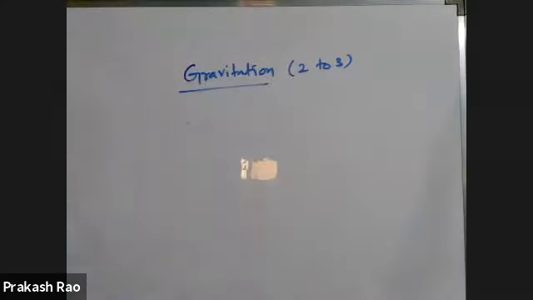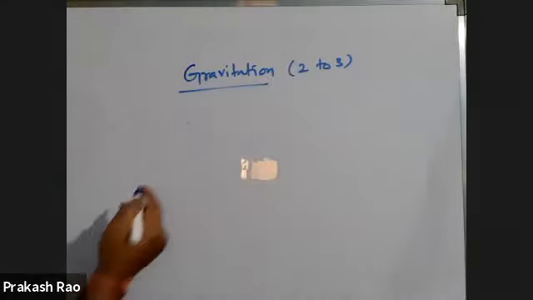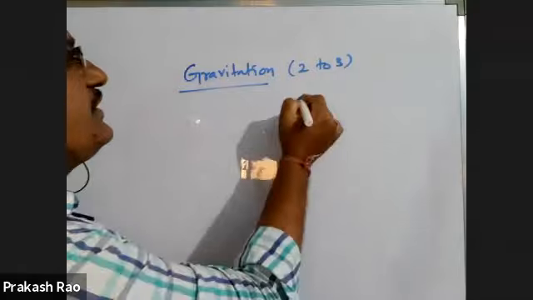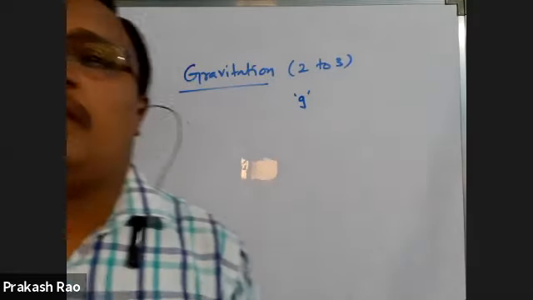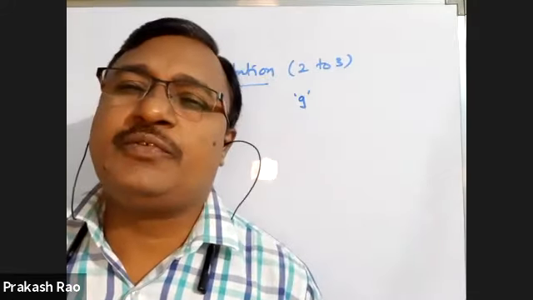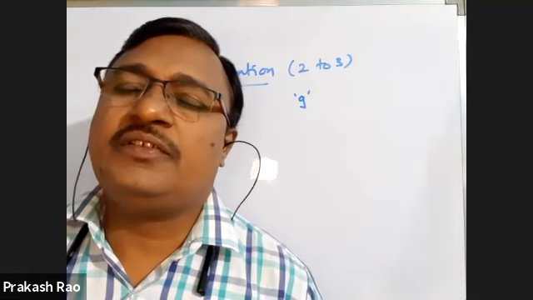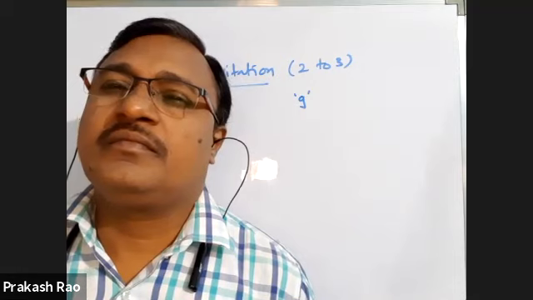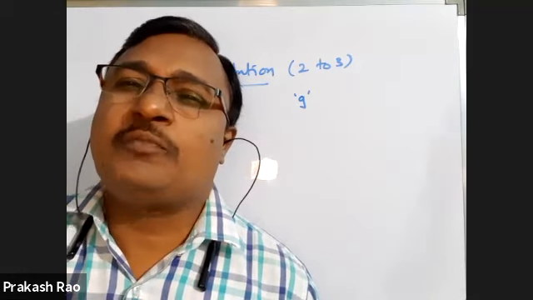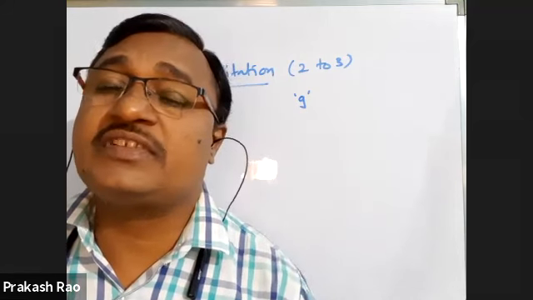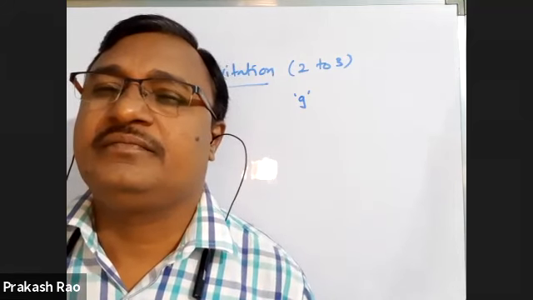So you know the acceleration due to gravity, my dear students. Acceleration due to gravity is denoted with the letter small g. So what is acceleration due to gravity? When an object falls from a certain height, it is attracted towards the center of the earth.